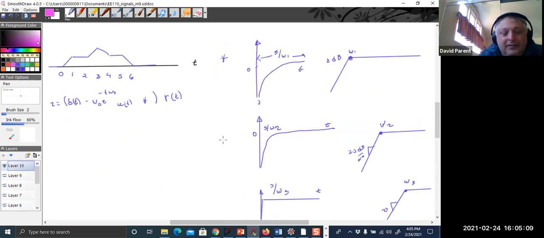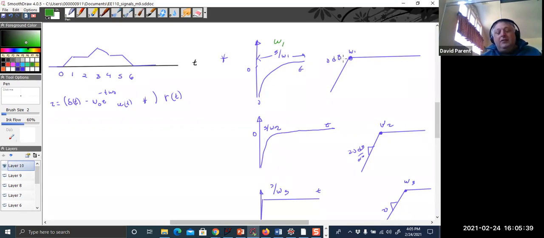High pass might be a little bit harder to understand. If I'm going to convolve these shapes, omega-1 in this case is letting in a lot of frequencies closer to DC even.